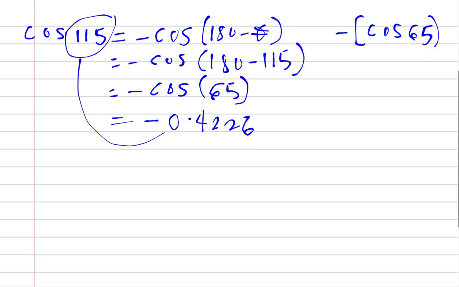If you do cos 65 on your calculator and multiply it by minus, you will also get minus this answer. Do you understand that now? So that's the same thing as minus 0.4226. Are you seeing that now?